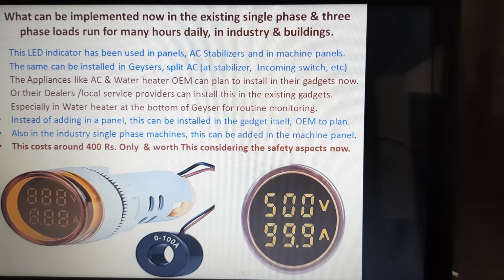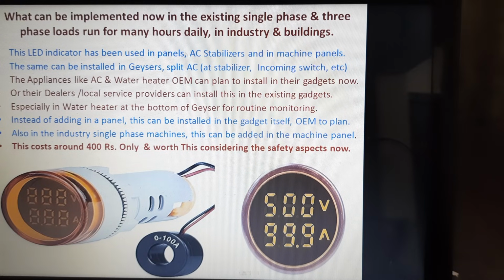Especially in the water heater, at the bottom of the geyser, for routine monitoring it can be fixed, because the water heater is a place, especially in residential buildings, where water and electricity are in contact through the heating element. Though it is protected very much, we need to have a definite isolation or monitoring of electricity from the usage point of view, and power monitoring is definitely needed here.